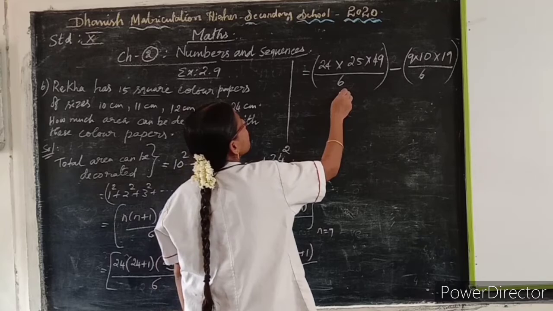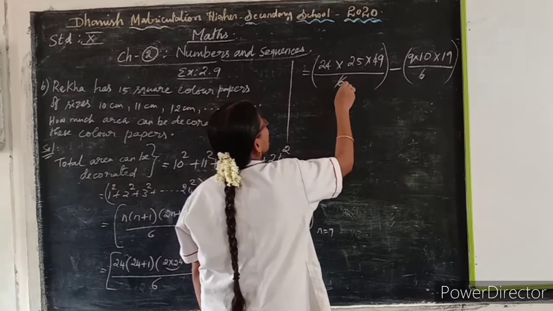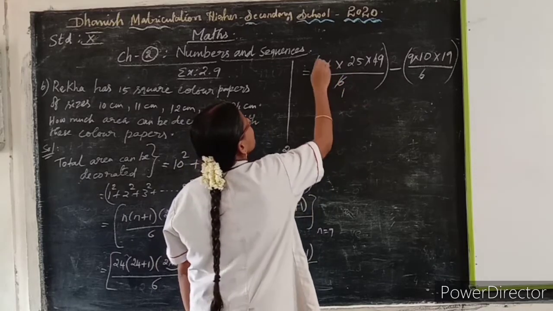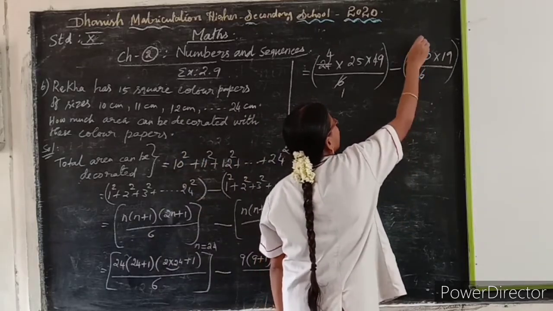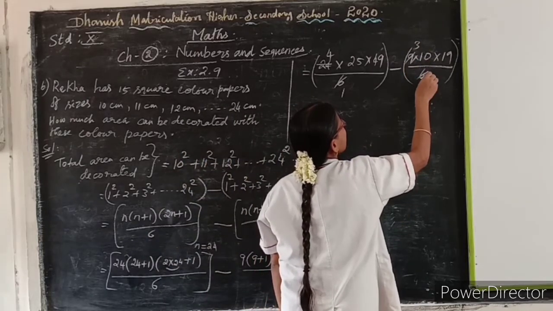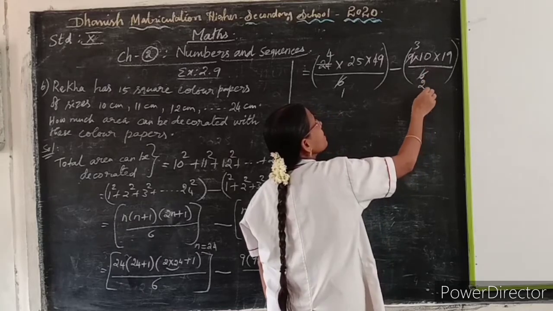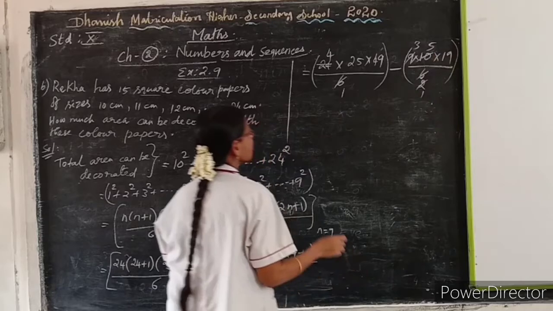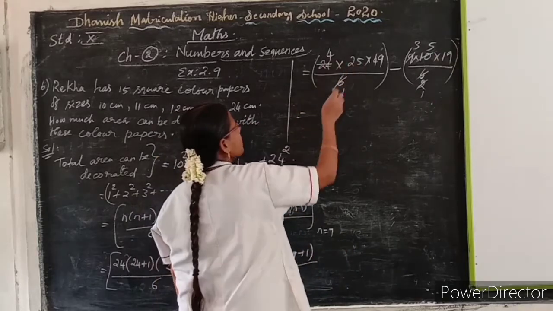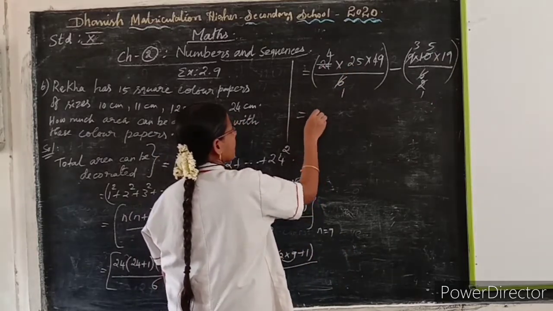Now cancel by 6 table: 6 4s are 24. Here 3 table: 3 3s are 9, 2 3s are 6. Now by 2 table, 2 5s are 10. Here 4 25s are 100.